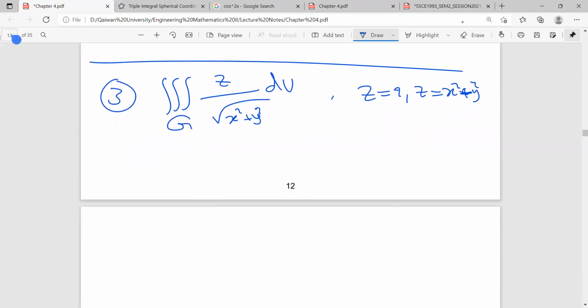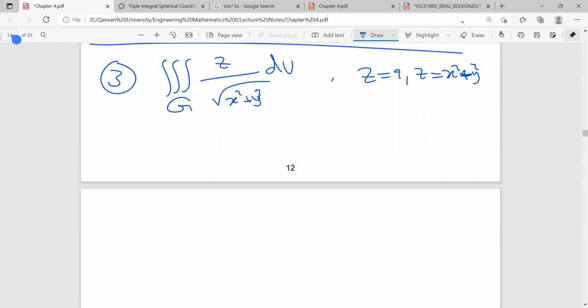Here, first we should find the lower and upper limits for the function. First let's draw the graph here. It's easier to find the lower and upper limits.